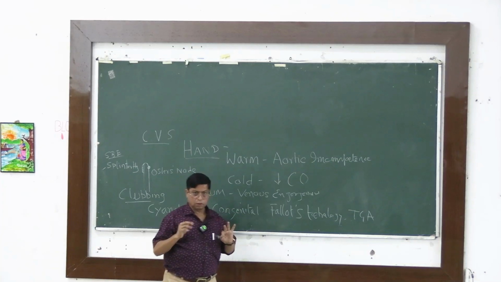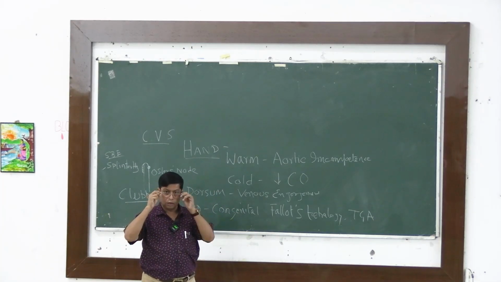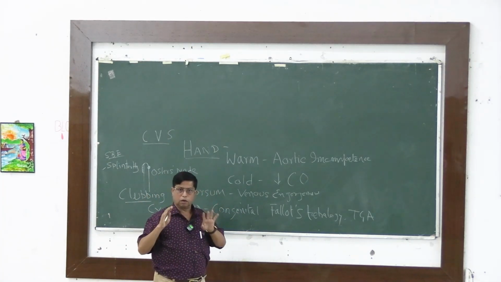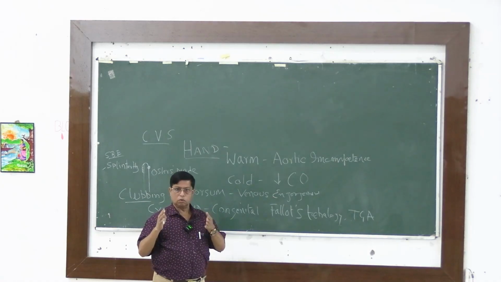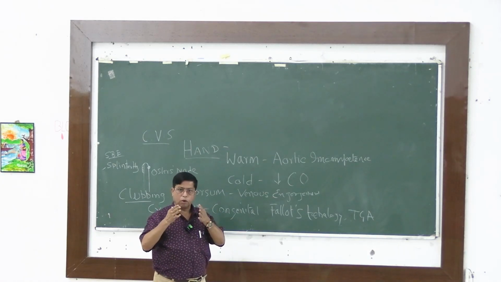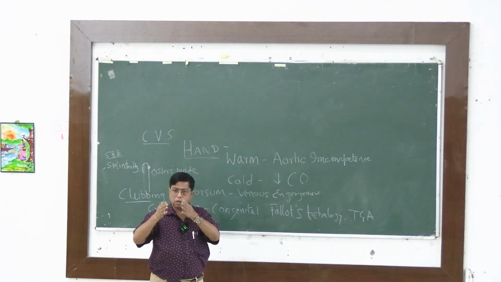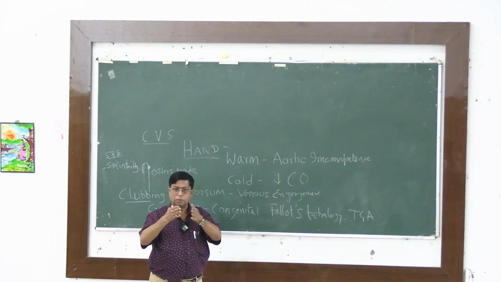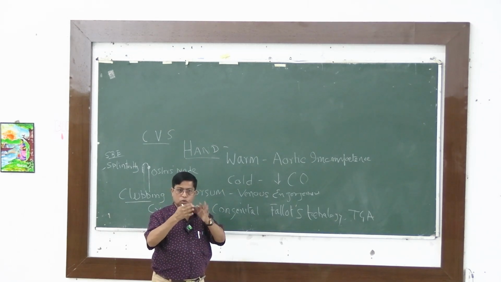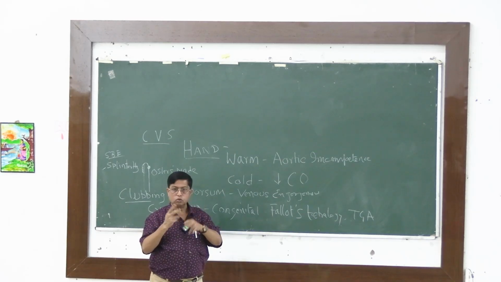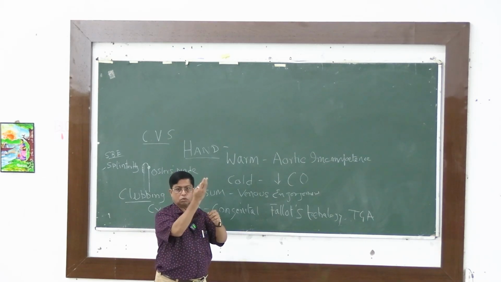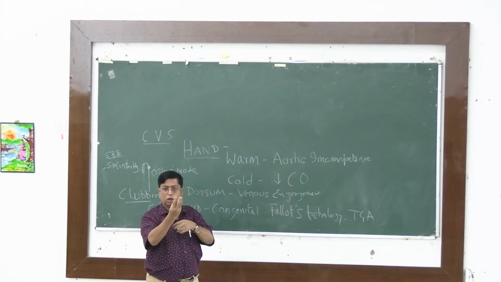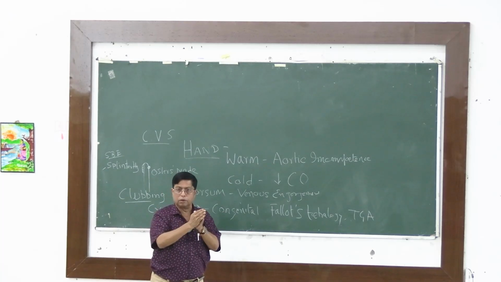To explain this, Fallot's tetralogy is a congenital cyanotic defect in the heart. Usually it has overriding of the aorta. Overriding of the aorta means the aorta takes some place of the pulmonary artery also. So the right ventricle has two openings. Some amount goes to the pulmonary artery and some amount goes to the aorta, because the aorta overrides the pulmonary artery.